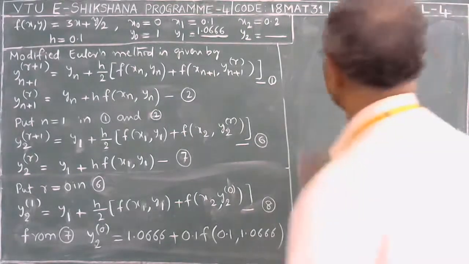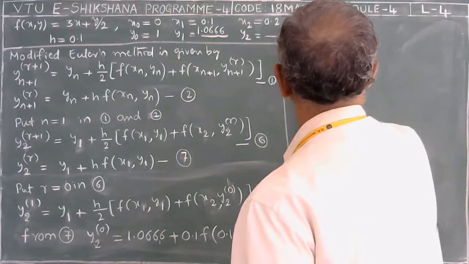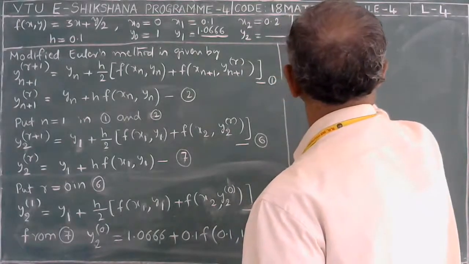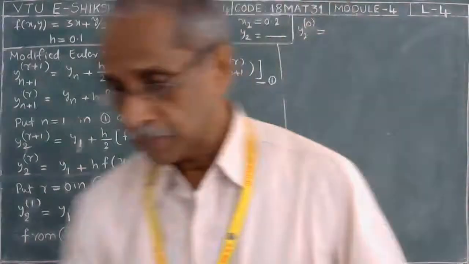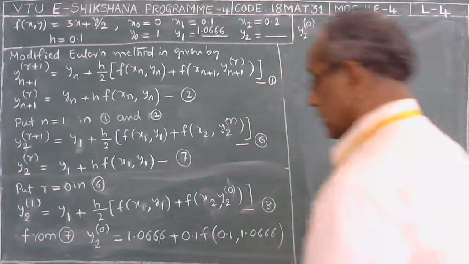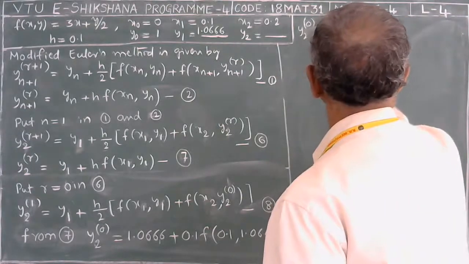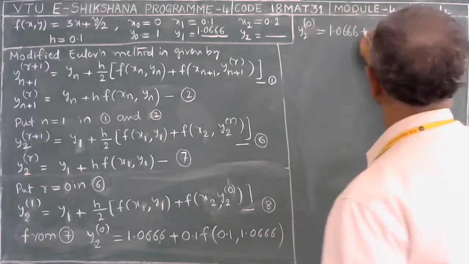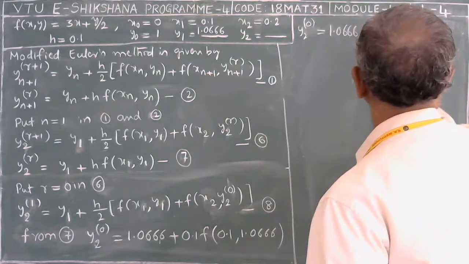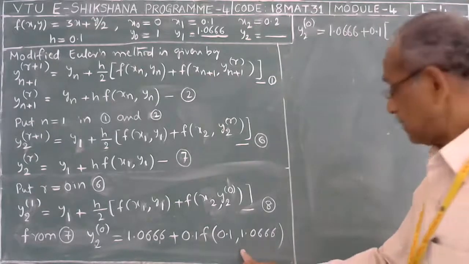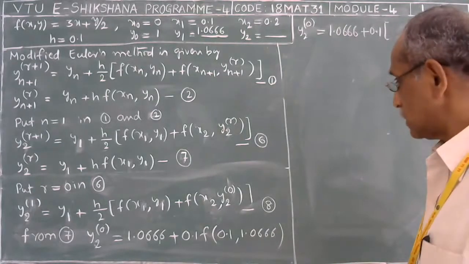So y2 0 is equal to 1.0666 plus 0.1 into f of 0.1 comma 1.0666.